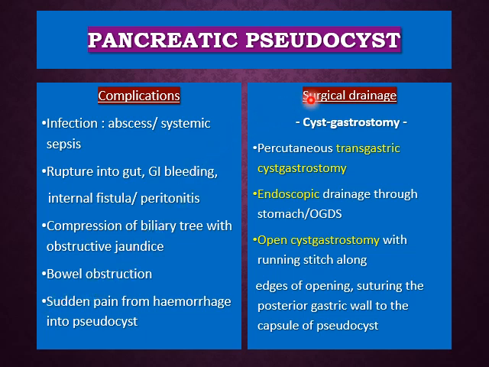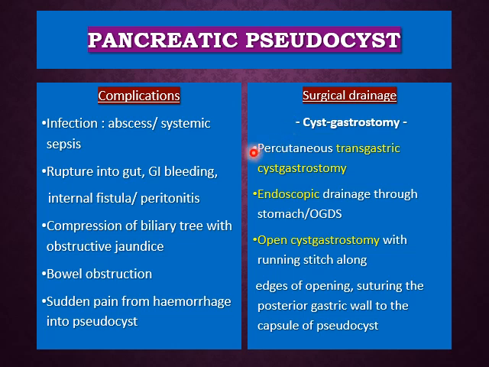Now, the treatment for pseudocyst of pancreas is basically surgical, and this is known as cystogastrostomy, where you create a fistula between the cyst and the posterior wall of the stomach, thereby draining the fluid from the cyst into the stomach.